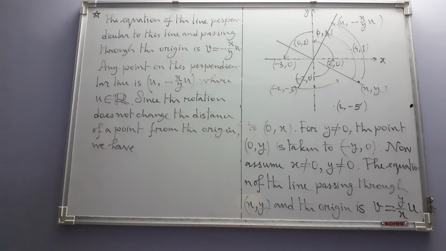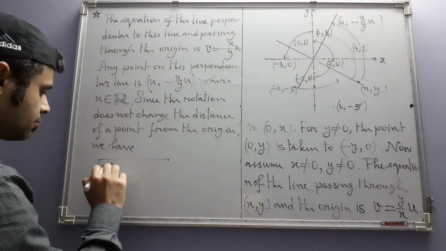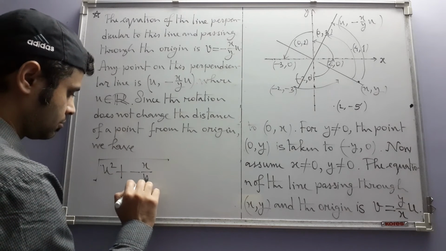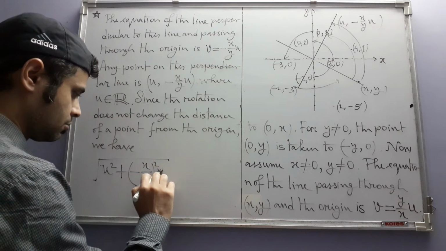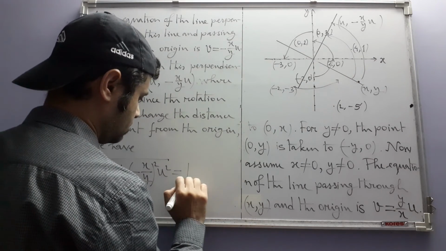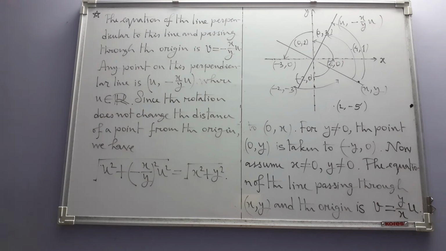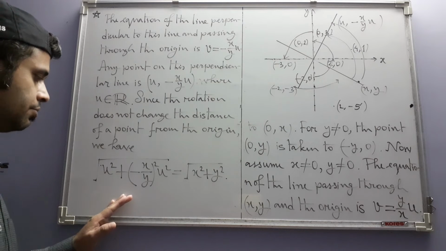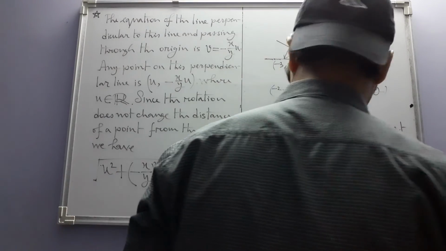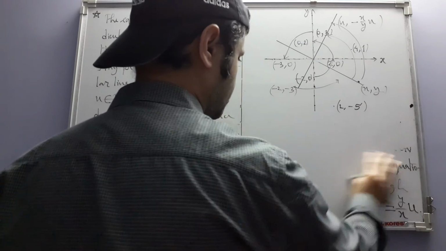We can calculate the distance now. Square root of u square plus x square by y square u square, this distance should be equal to this distance. Okay, so we have got an equation that is going to tell us something about this u. Let's keep the figure.